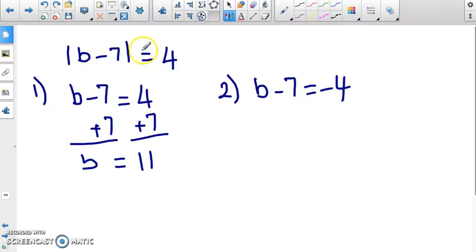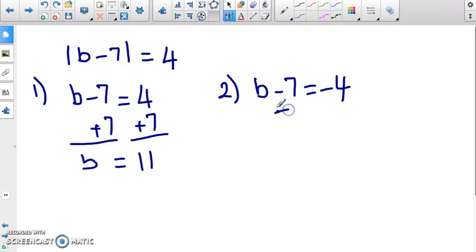By the way, I'm not saying my absolute value is negative 4, because the absolute value cannot be a negative number. It is always a positive number. But the expression inside the absolute value bars can be negative. So because I know that the absolute value of negative 4 is also 4, I'm going to say that the expression inside the absolute value bars can be negative 4.